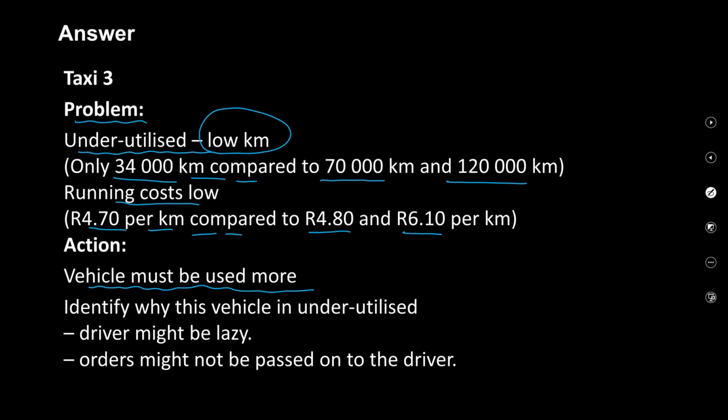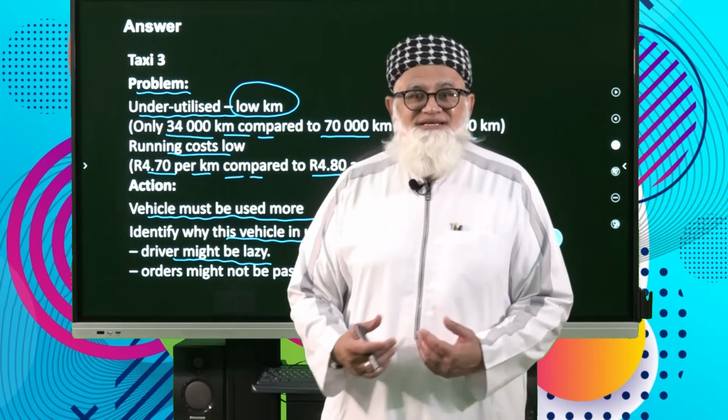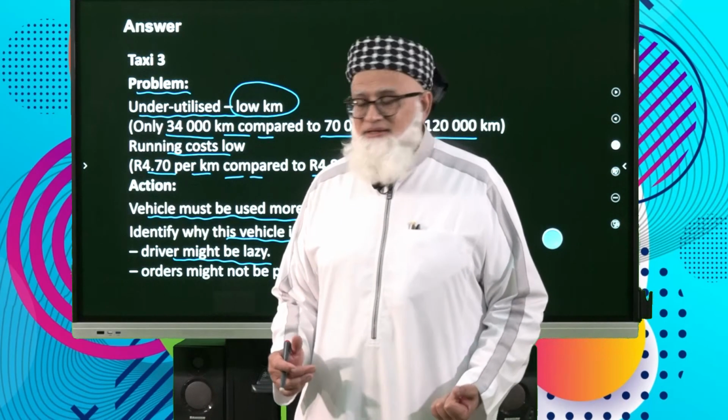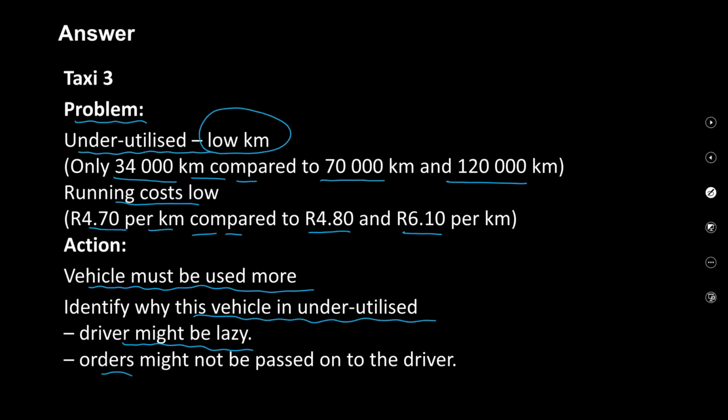Identify why this vehicle is underutilized. It's a possibility that the driver may be a lazy person, or the driver may not be getting the orders for the relevant trips to be undertaken. So this means that the orders may not be passed on to the driver. It may not necessarily be a lazy driver.